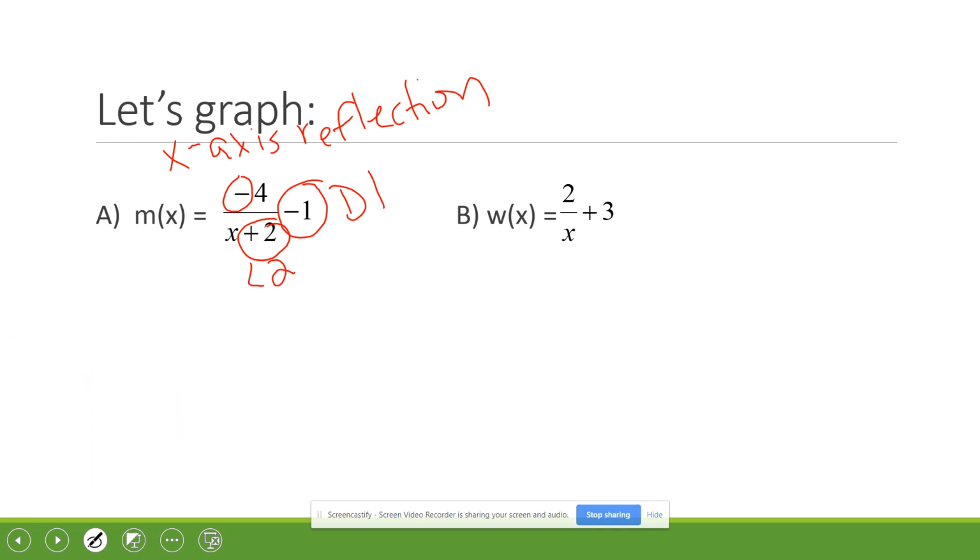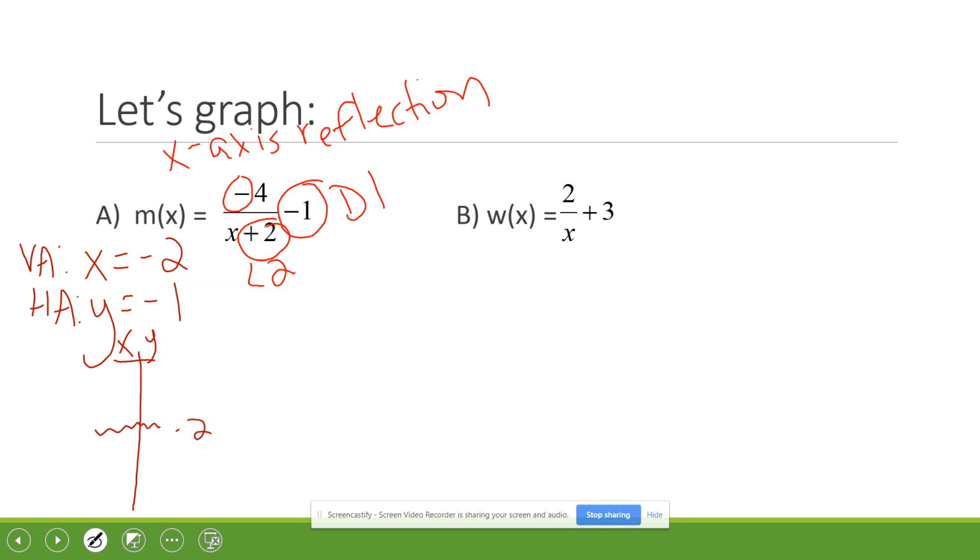It also tells us that our asymptotes, the vertical asymptote is going to be x equals negative 2, and the horizontal asymptote is going to be y equals negative 1. So now we know our vertical asymptote's at negative 2. That means that our table gets split at negative 2.